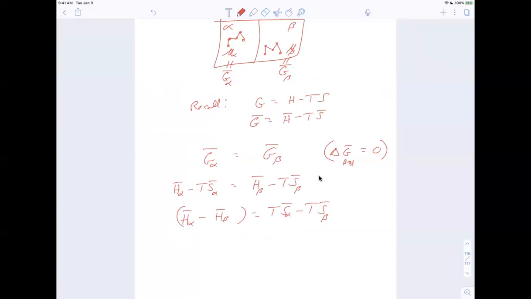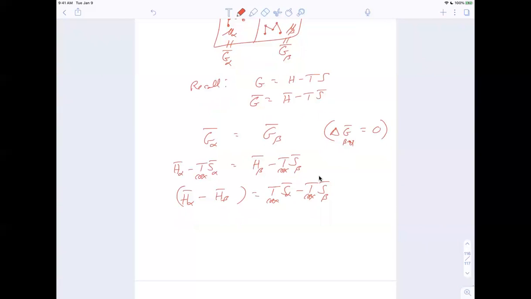And we know that this T actually is coexistence temperature, because we're talking about coexistence. So I'm going to put in coexistence. So this is just delta H bar to go from beta to alpha. And on this side, we have T coexistence times S bar alpha minus S bar beta, which is just T coexistence times delta S bar to go from beta to alpha.